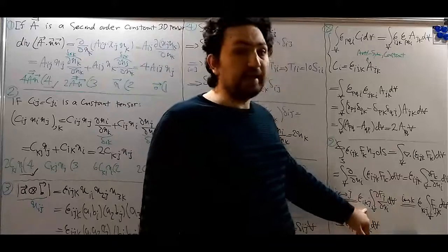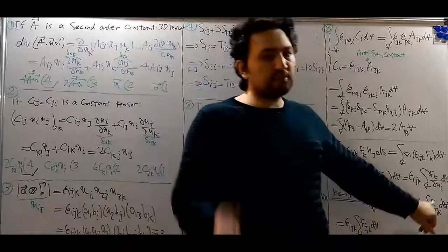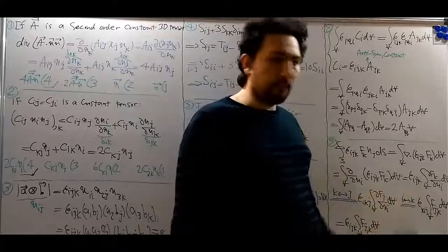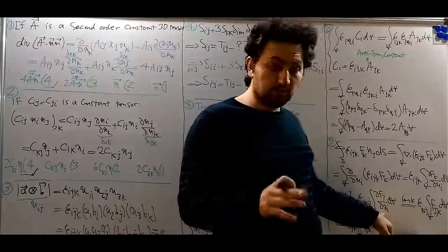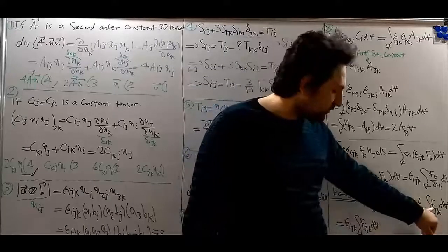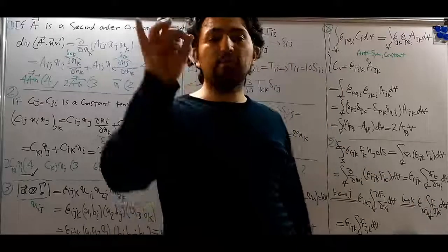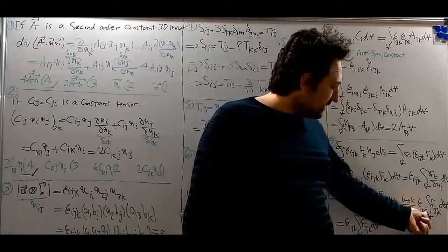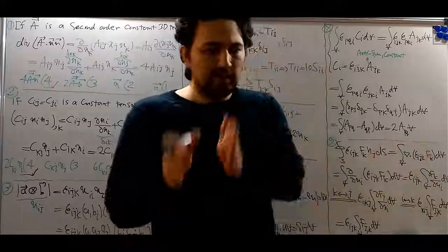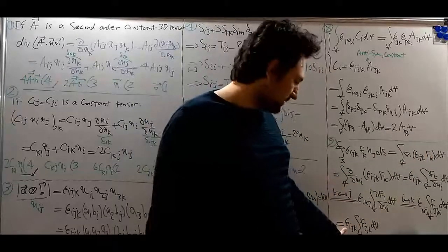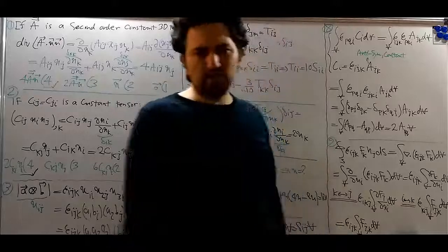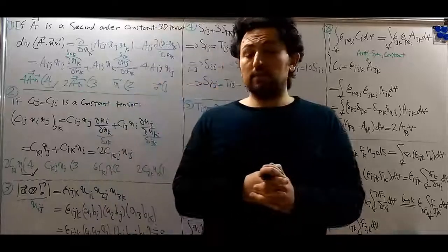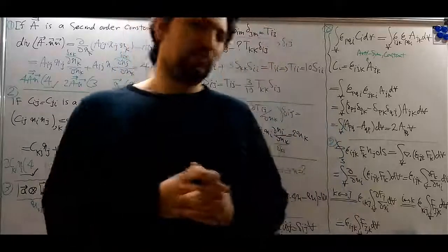So epsilon sub ikj will be epsilon sub kij, and in the integrand, the partial derivative of f sub j with respect to x sub i will be the partial derivative of f sub j with respect to x sub k. And again, as you know, the permutation symbol epsilon sub kij is exactly equal to the permutation symbol epsilon sub ijk. And this is the final result: epsilon sub ijk, integral of the partial derivative of f sub j with respect to x sub k dV.